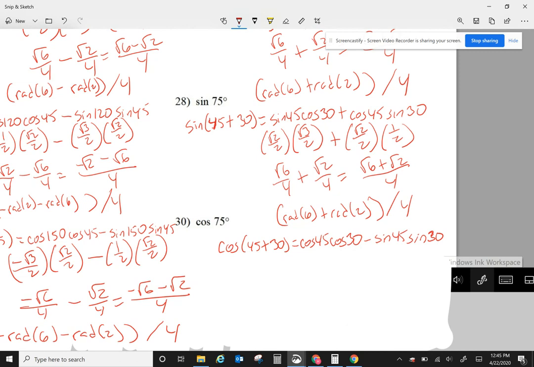According to a unit circle, cosine of 45 is radical 2 over 2. Cosine of 30 is radical 3 over 2. Minus radical 2 over 2, and then sine of 30 is 1/2.